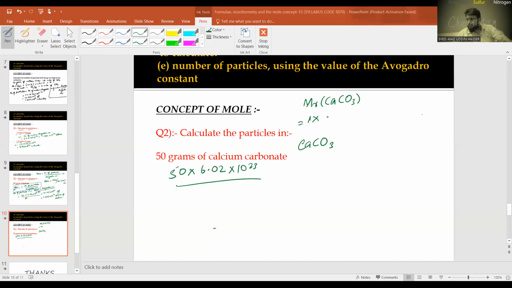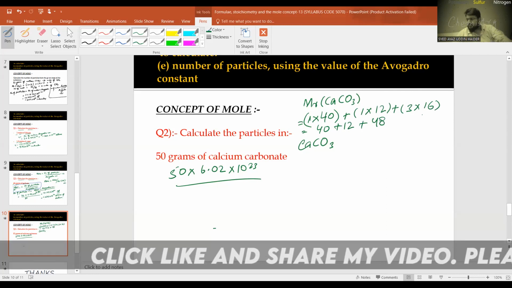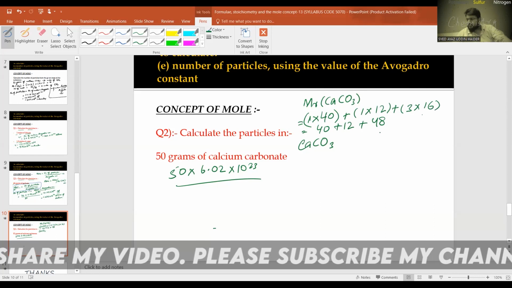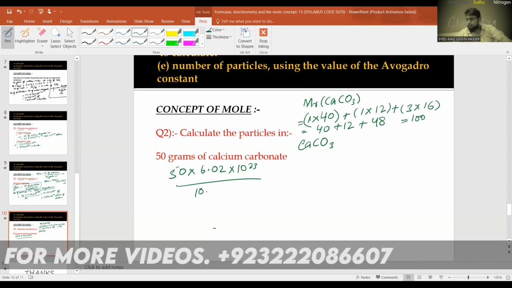One atom of calcium means 1 multiplied by 40, plus 1 atom of carbon, 1 multiplied by 12. 3 atoms of oxygen means 3 multiplied by 16. So we will add 40 plus 12 plus 48. So this will become 100. So MR of calcium carbonate is 100.